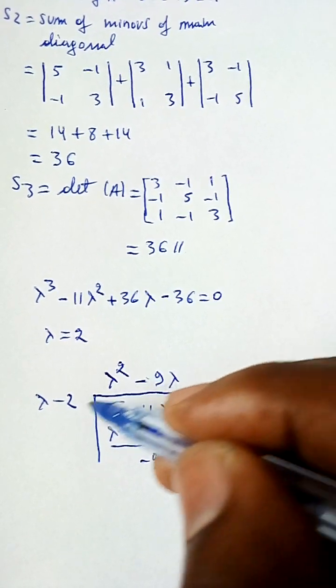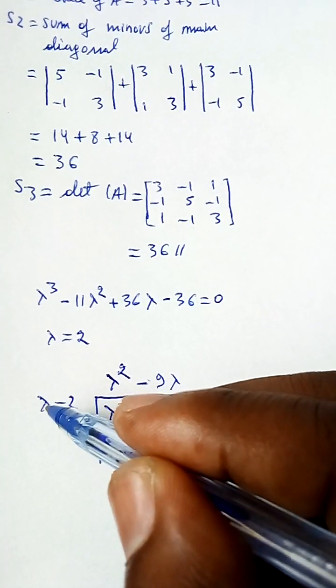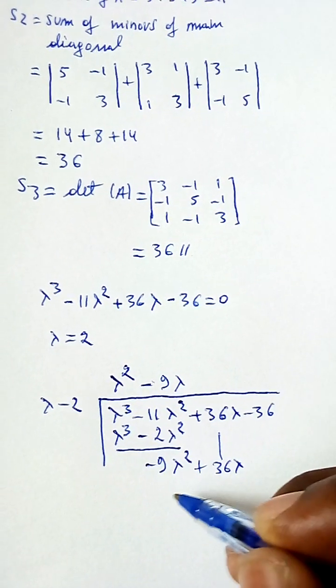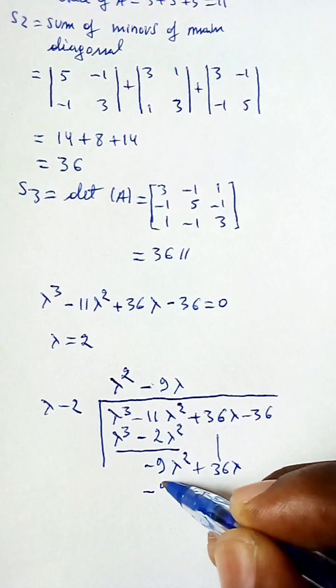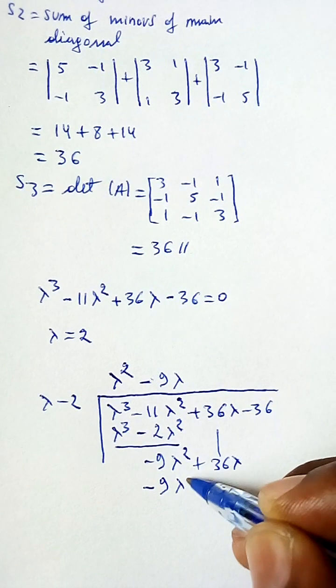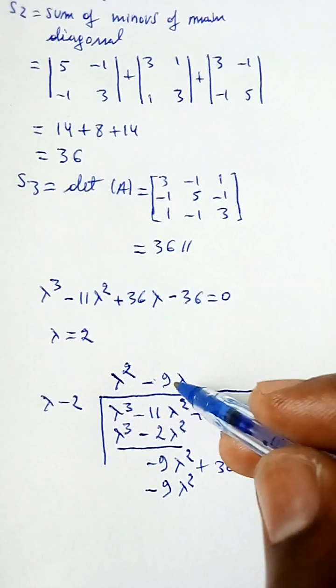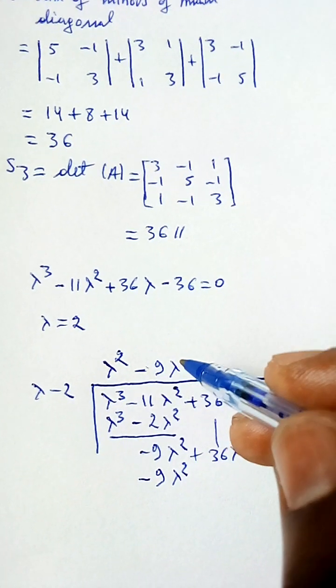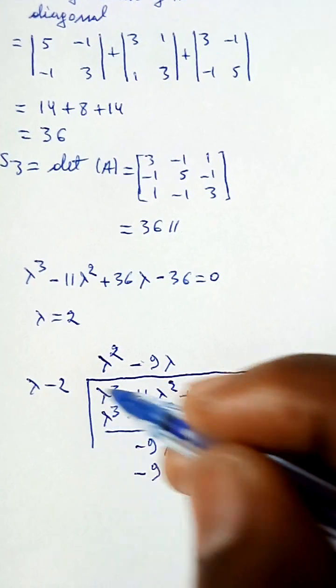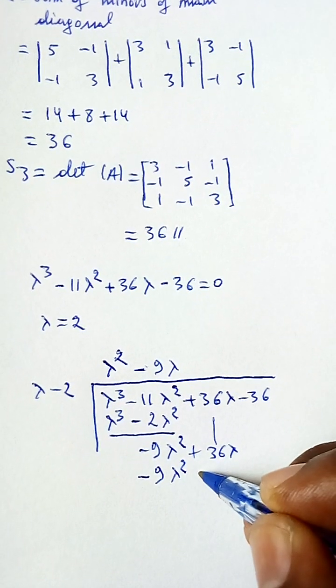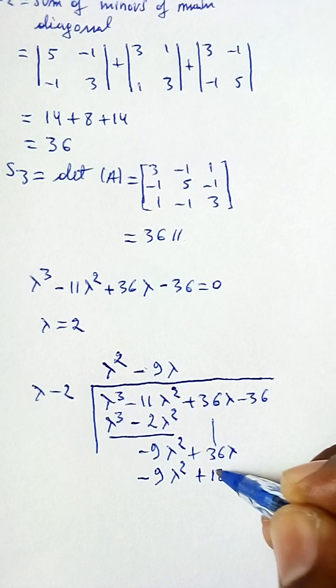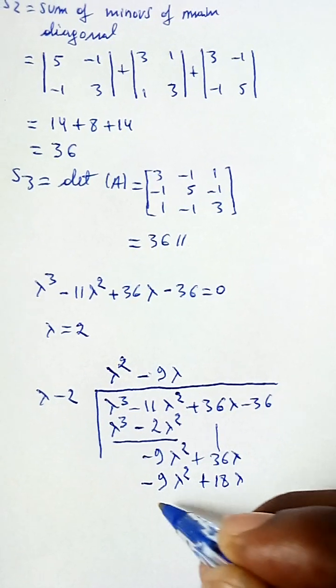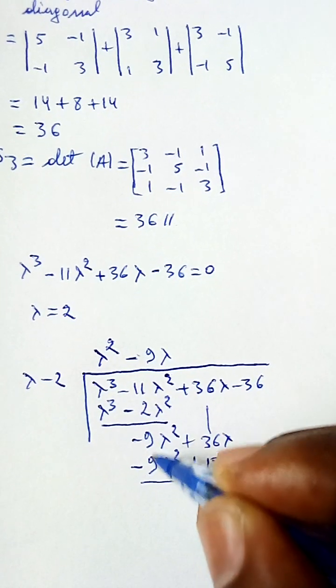Minus 9 lambda times lambda gets minus 9 lambda square. Minus 9 lambda times minus 2 is equal to plus 18 lambda. This one is 0.